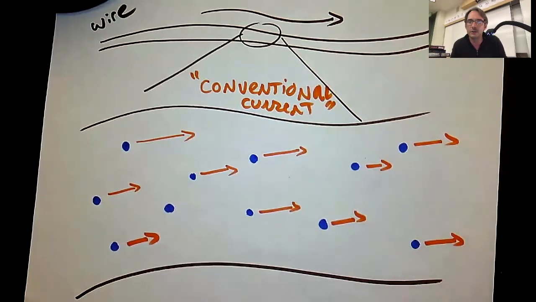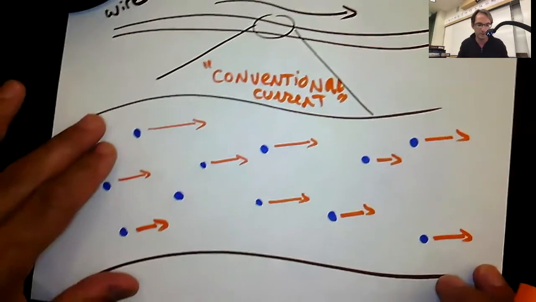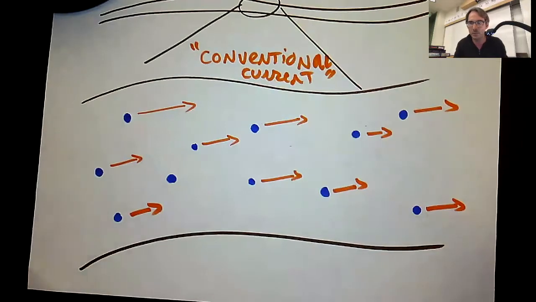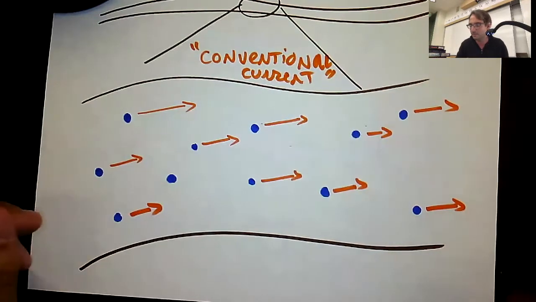And also Benjamin Franklin came along in the early 1800s and started discussing these positives and negatives and things. But the actual electron was not discovered until well after people had been thinking about circuits. So conventional current is based on the assumptions that we have historically that current flows from positive to negative. And that's what we're going to do here. But it's essentially, from a math point of view, going to get you exactly the same results.